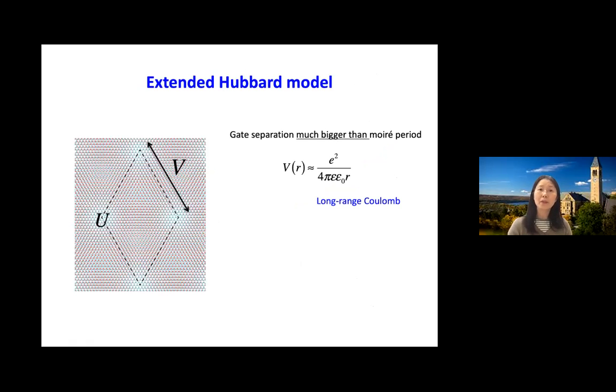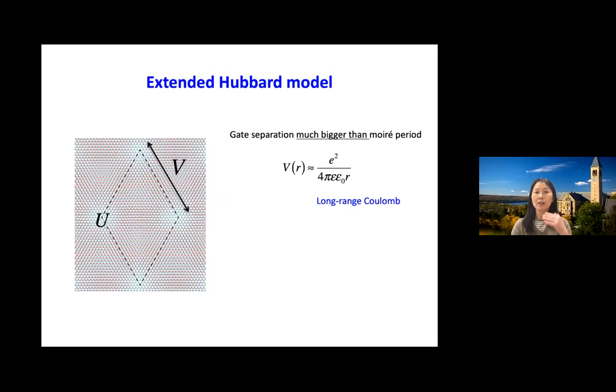So, in devices when the gates are close to the Moire superlattice, you actually don't need to worry about long-range Coulomb interaction.